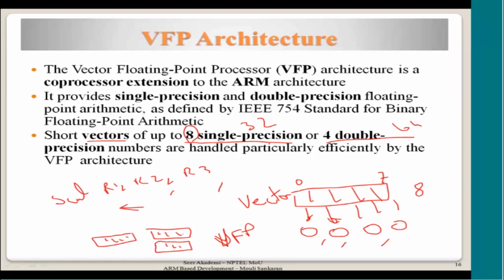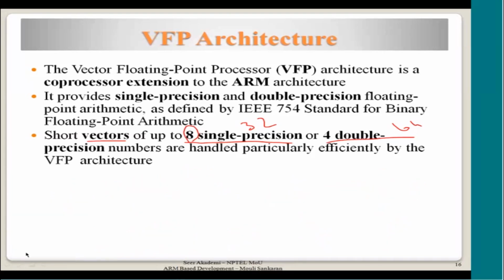Vector of data means the data has to be stored in some intermediate registers. So the registers are used for that purpose, and then the vector processor operates on those vectors of data, and the results also should be a vector of data, because if it is operating on two vectors, then it is a vector operation and it will result in a vector of data coming out. So we need to identify the set of registers where this result should be stored.